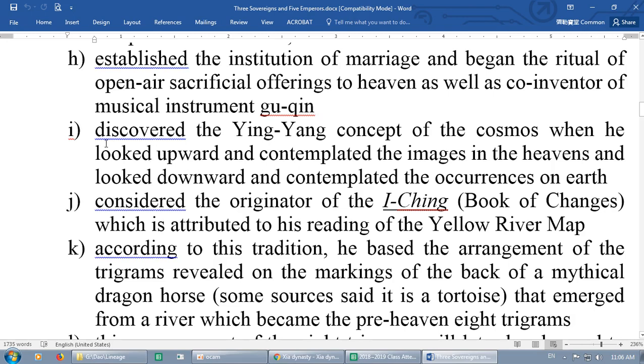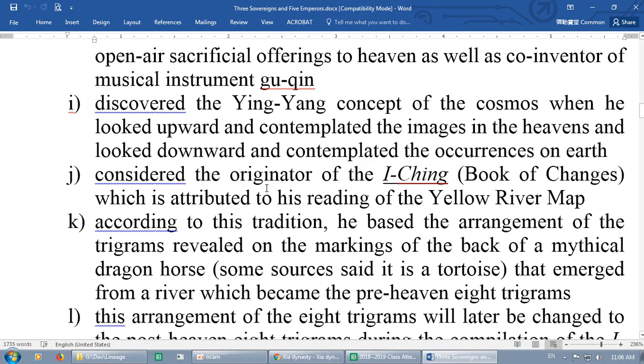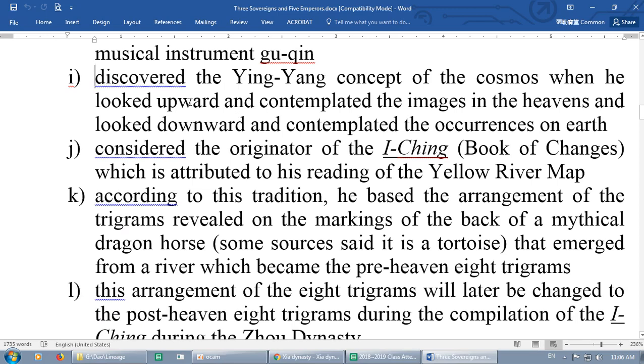So then, also, now this is what he's better known for, that he discovered the yin-yang concept of the cosmos, the notion of duality or relativity. Very interesting.